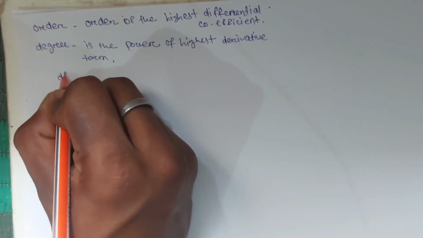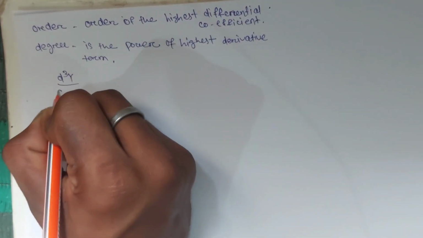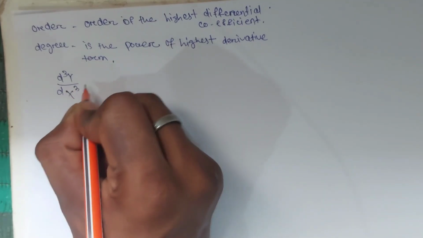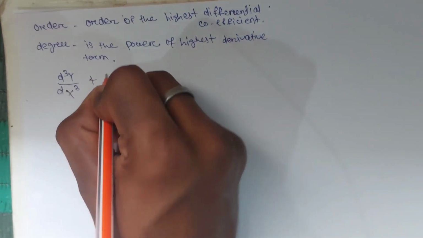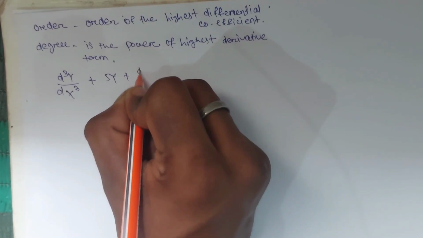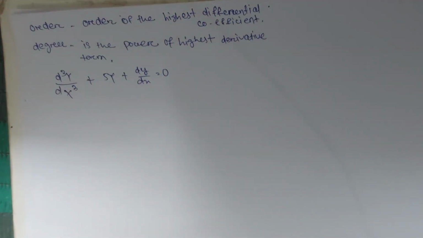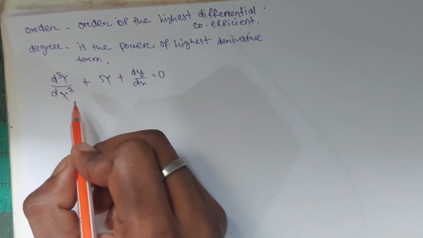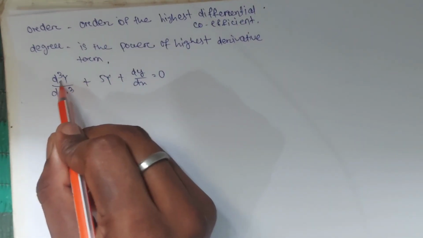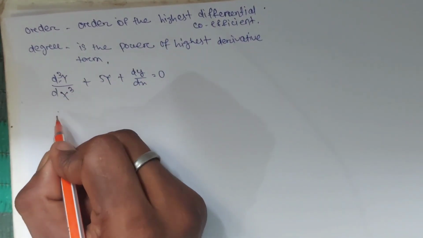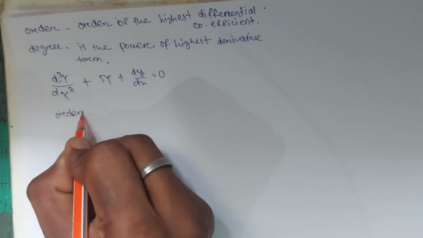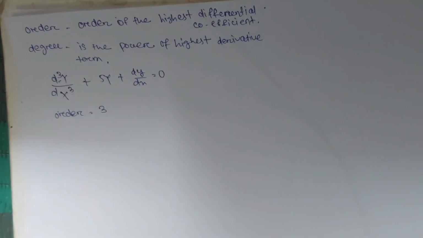If we take an example, d cube y by dx cube plus 5y plus dy by dx equals 0. Here the highest differential coefficient is 3, so the order becomes 3. Simple.